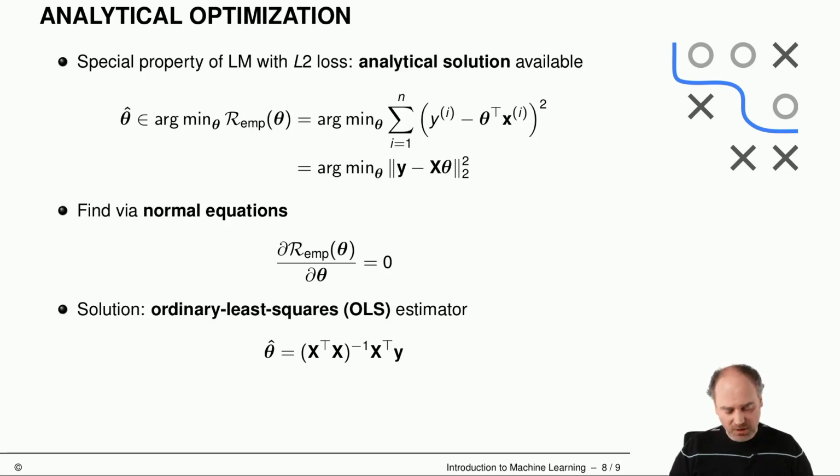If this is a quadratic form, we can simply compute the derivative with pen and paper, set this derivative to 0, and solve for theta. If the risk function is a quadratic function, then the derivative of it will be a linear function.